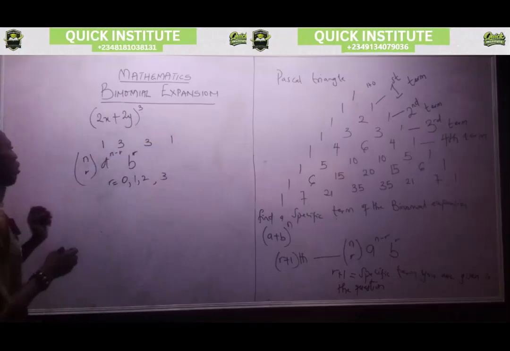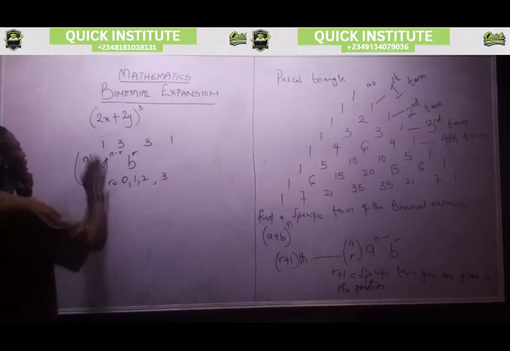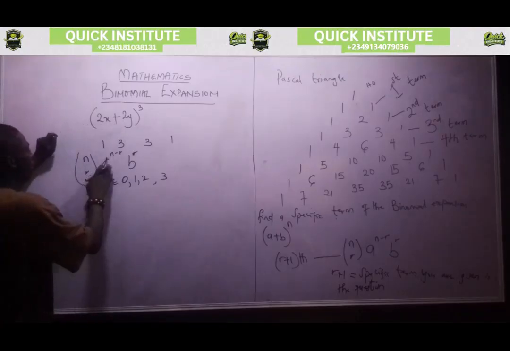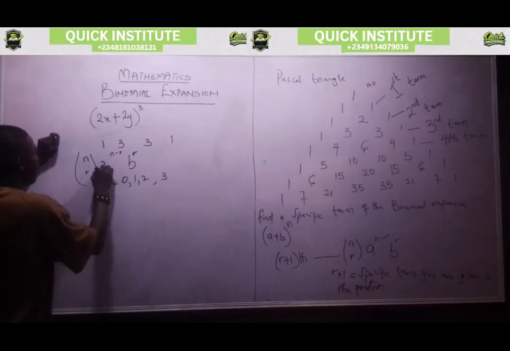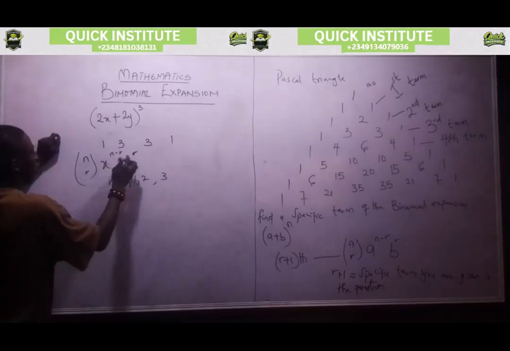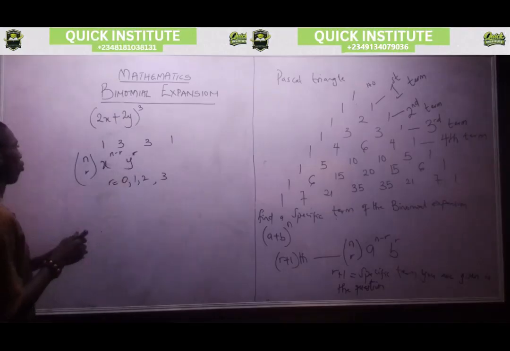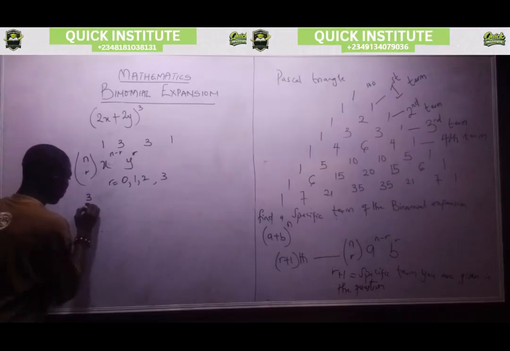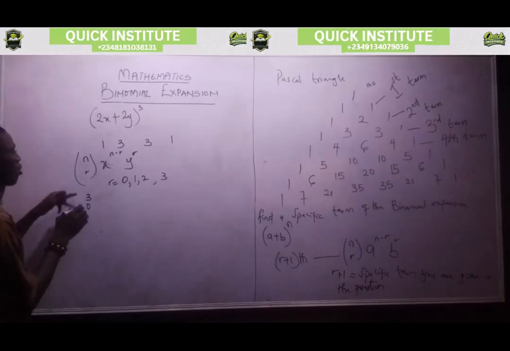That's it. So now we have n combination r. Let's change a and b to x and y, because we are given x and y in the question. Our n is 3, combination 0 for the first one.